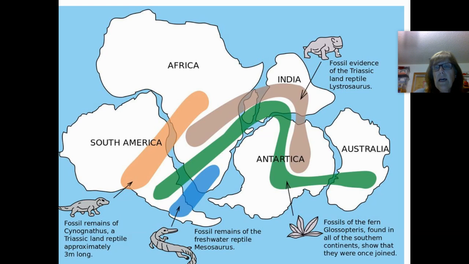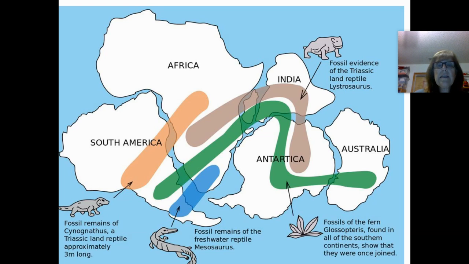For example, this land reptile, we have found fossils in Africa, in India, and down in Antarctica. For this fern, we found them in Australia, Antarctica, India, Africa, South America. This freshwater reptile we found in Africa and South America. Same thing with this Triassic land reptile. Well, how do you explain that?